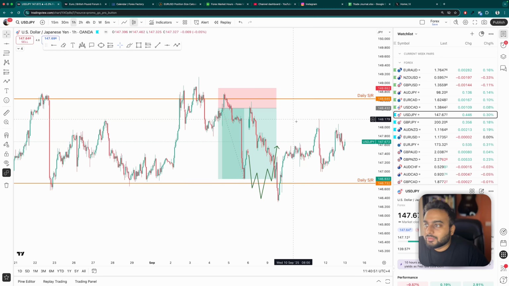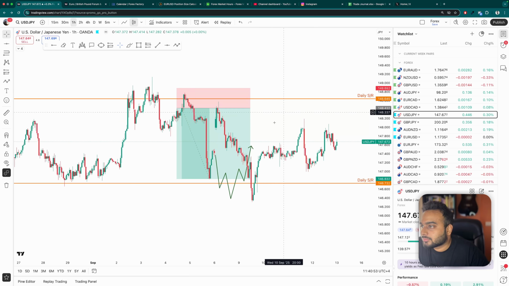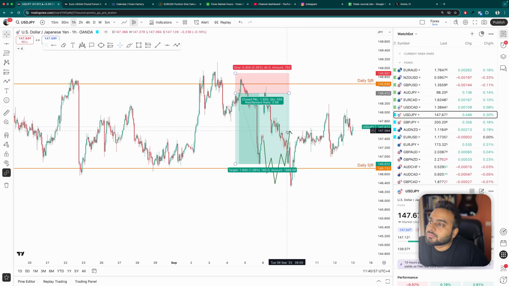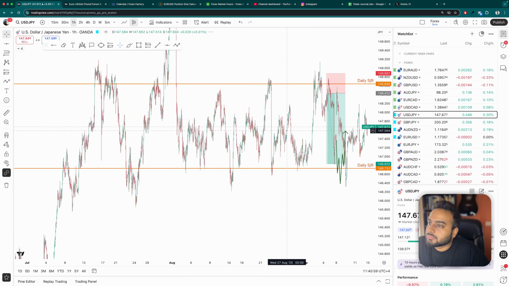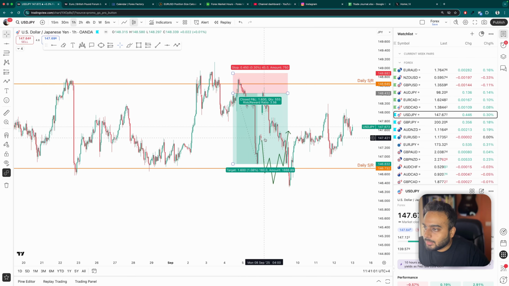See, 3.56. I closed it a little higher, I guess. Yeah, but this is the trade I took, and this was a sell limit.